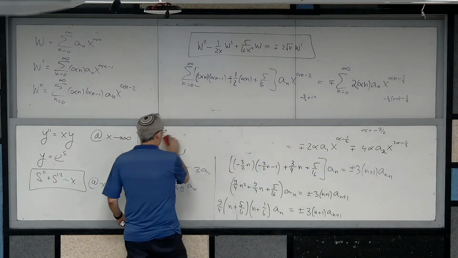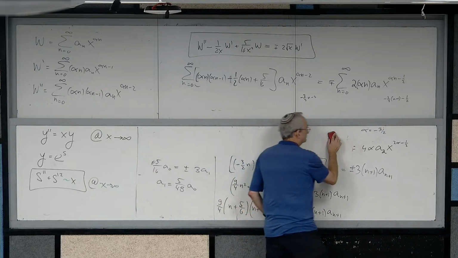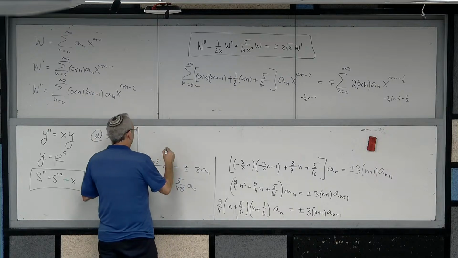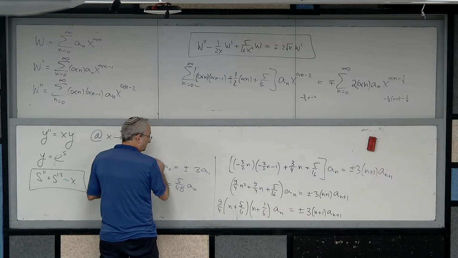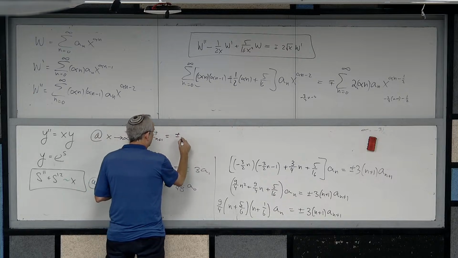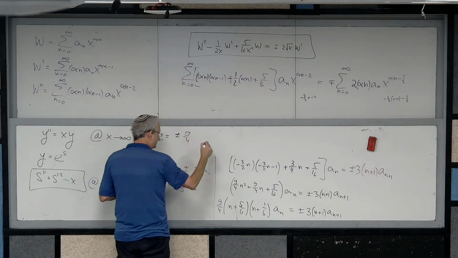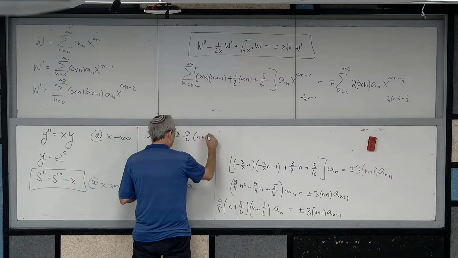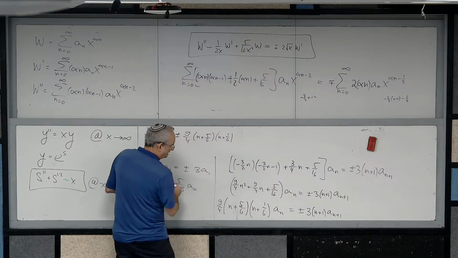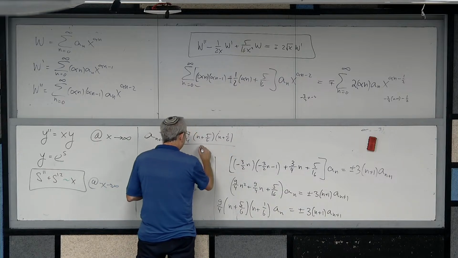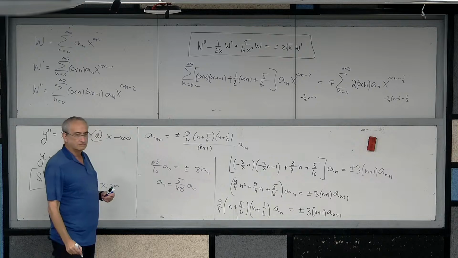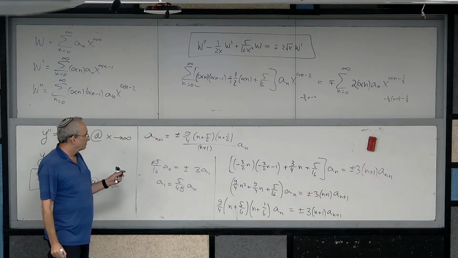So the recursion relation is a_(n+1) equals plus minus 3 quarters times (n plus 5/6) times (n plus 1/6), divided by (n plus 1), times a_n.